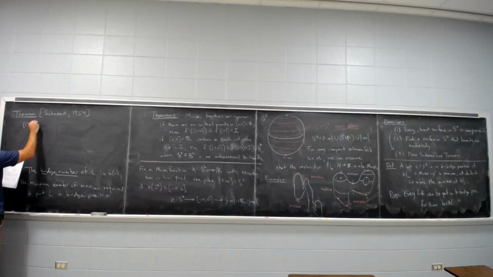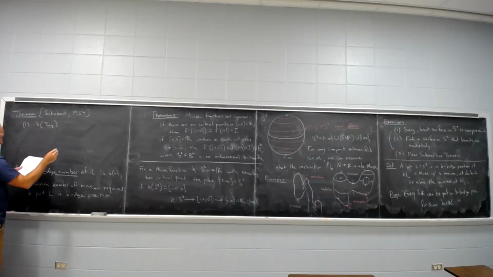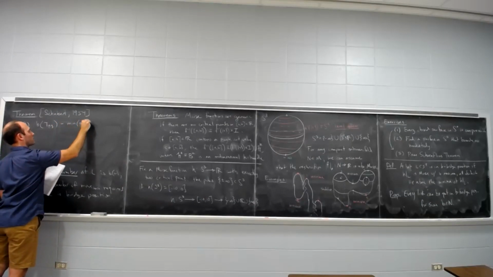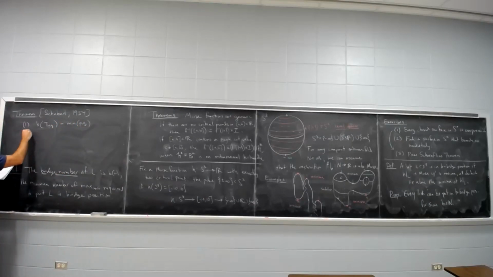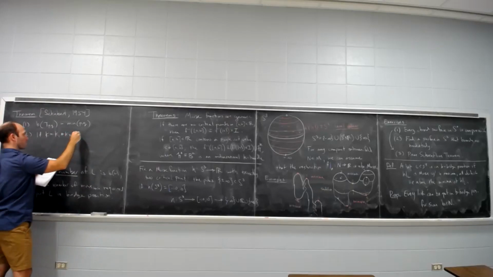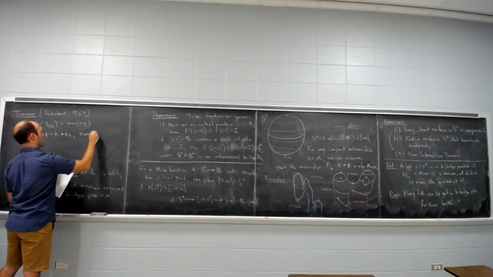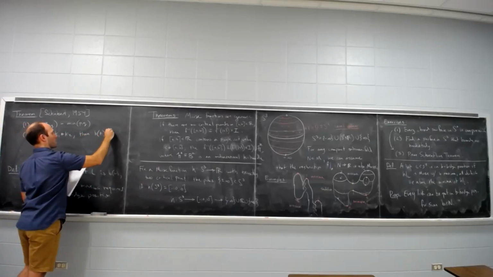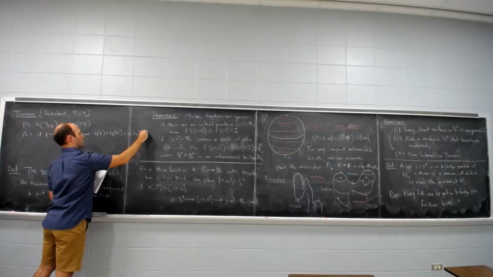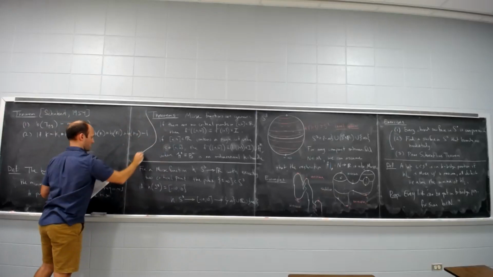And what Schubert proved is a couple of things. He proved that the bridge number of the (p,q) torus knot is the minimum of p and q. He proved that if K is a connected sum, then the bridge number of K is the bridge number of K1 plus the bridge number of K2 minus 1.